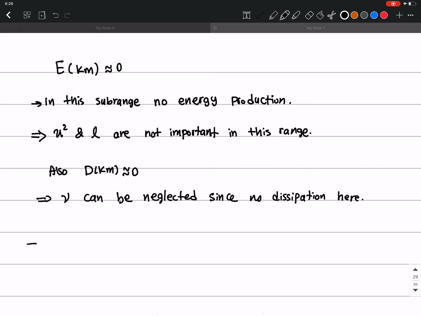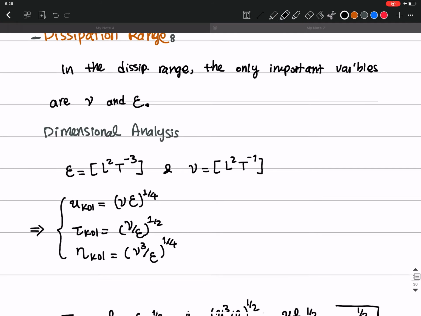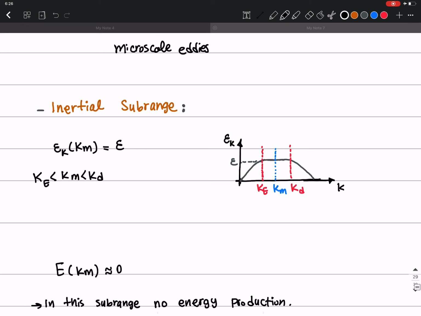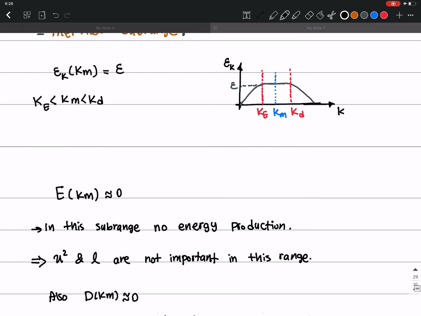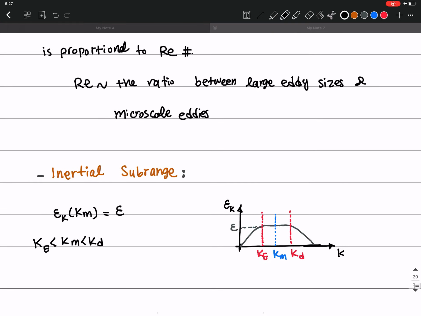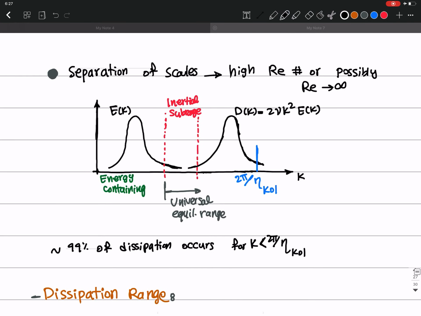So what does this mean? This means that E of k in this range should be a function of the only things that remain here. What are the only remaining things? The only remaining things are k and epsilon. It's going to be a function of epsilon, and we also have k, and we don't have any other variables to be a characteristic thing here. So we don't have nu, we don't have u, and we don't have l, unlike the other ranges.